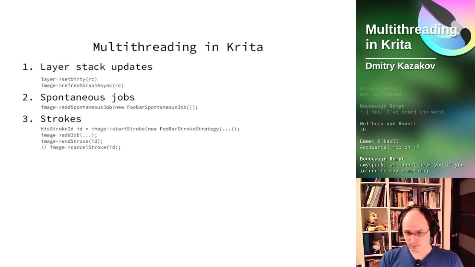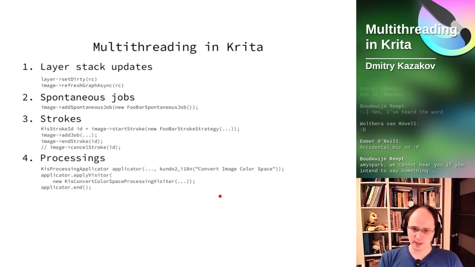So all the changes that happened in the stroke will be reverted without first putting it into the undo stack and then undoing, as we used to do it in 2010, I think.